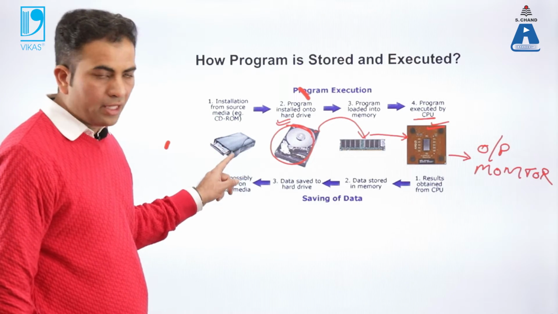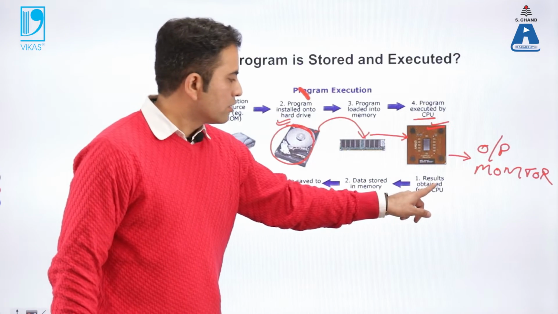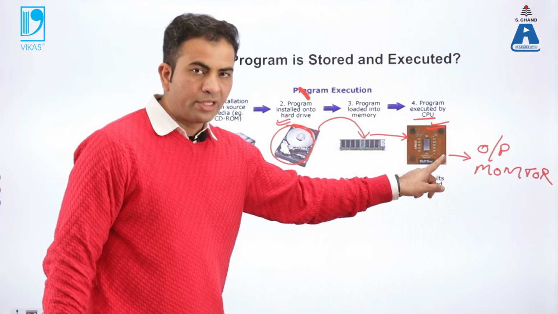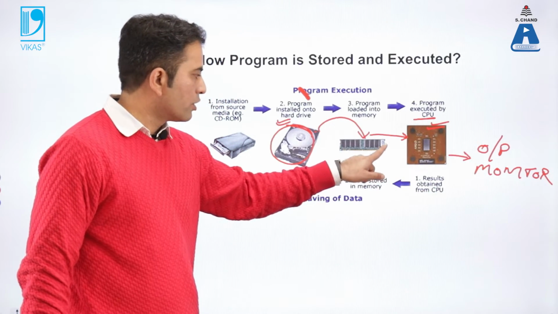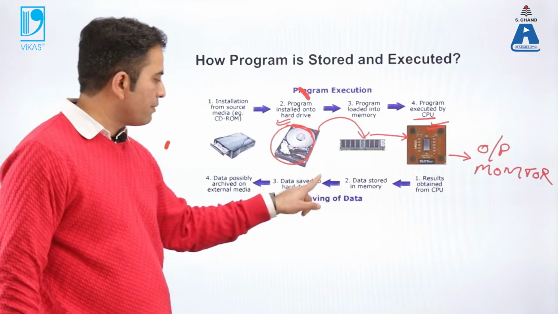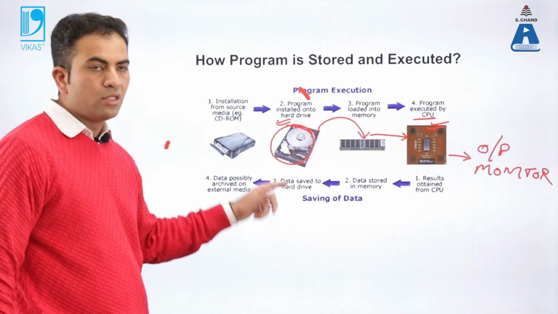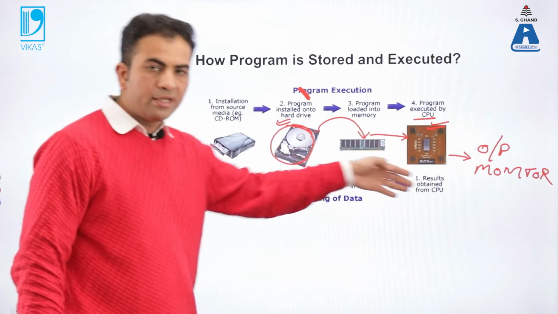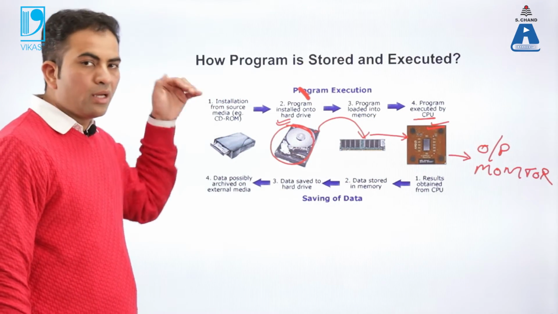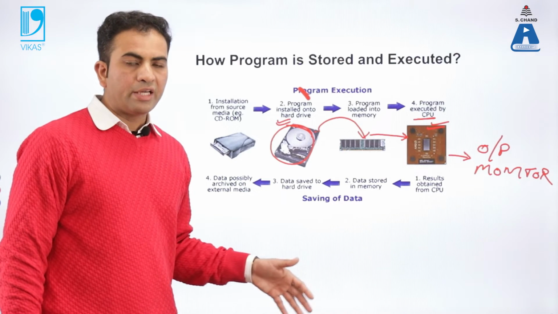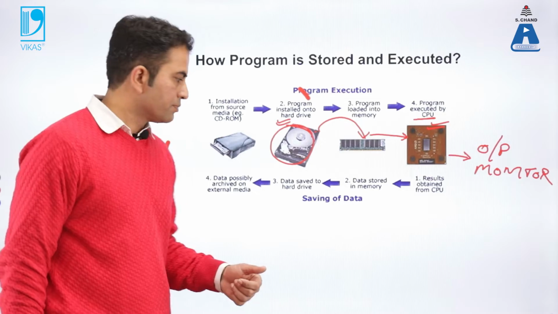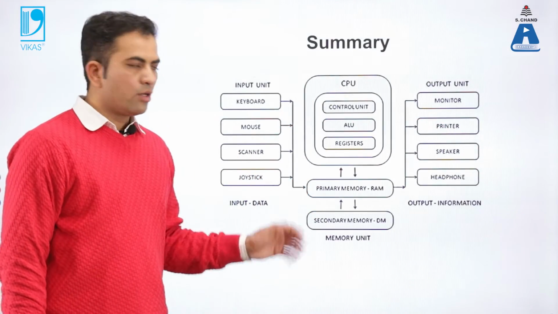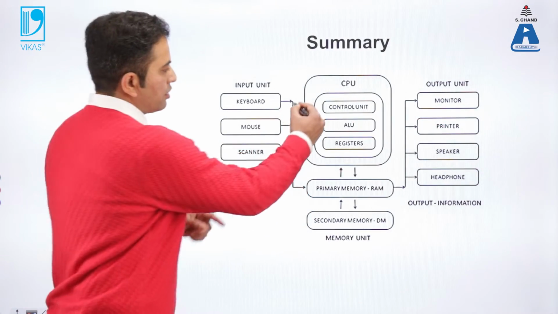The data goes through the CPU, is stored temporarily on the RAM, and from the RAM it is copied onto the hard disk. So, execution and saving. I hope it is very clear to you how our computer system executes the instructions.